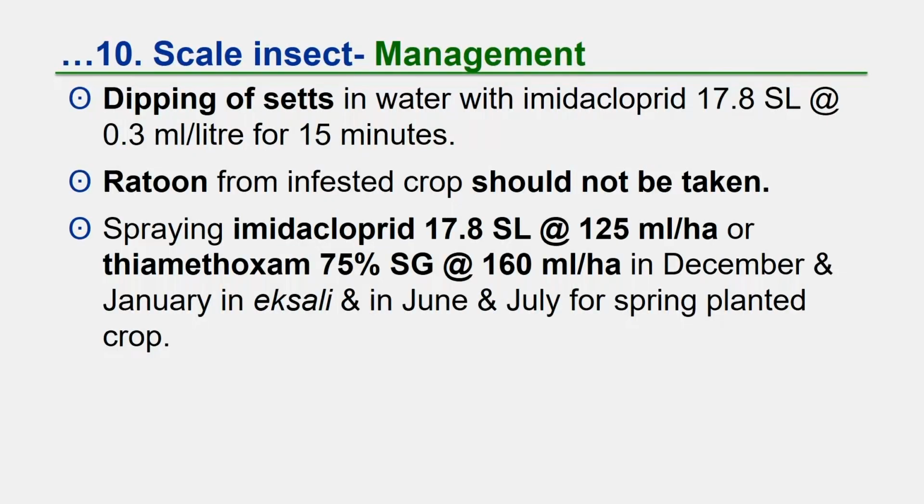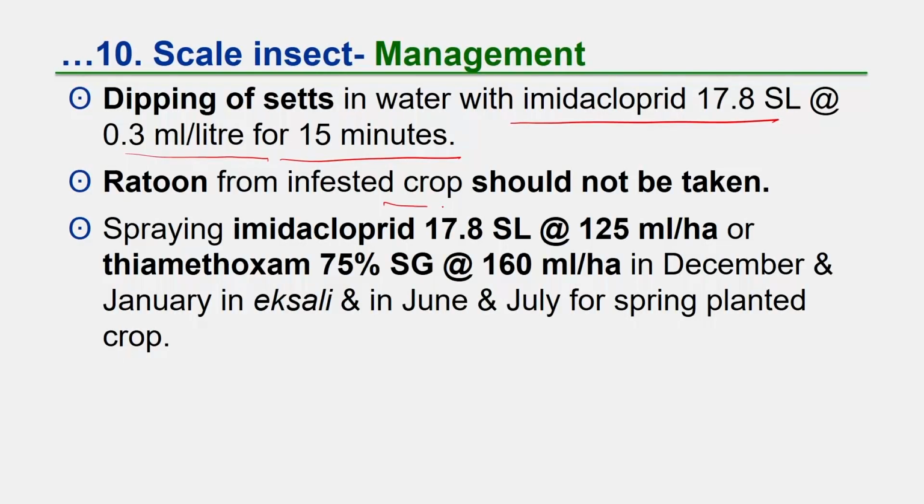How to go for management of this scale insect? Dip the sets in water with imidacloprid 17.8 SL at the rate of 0.3 ml per liter for 15 minutes. It means you need to prepare the solution of this insecticide and keep the sets immersed in this solution for 15 minutes.